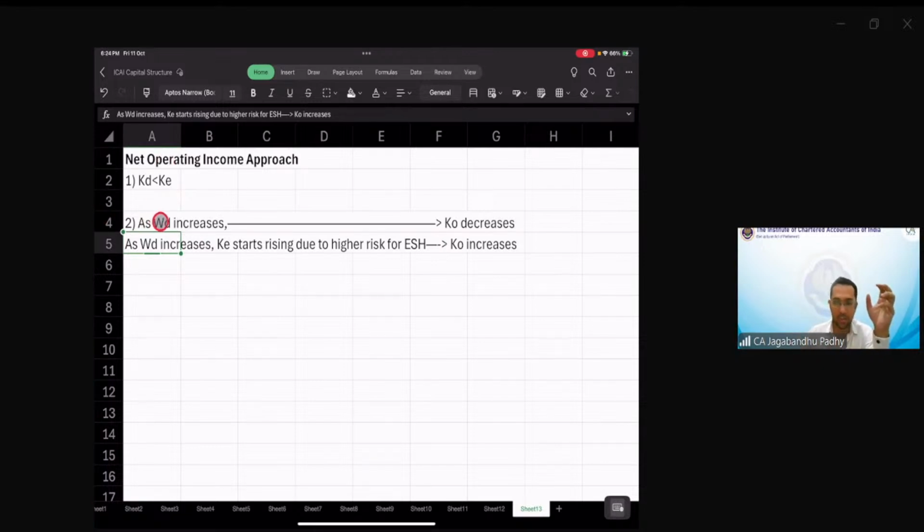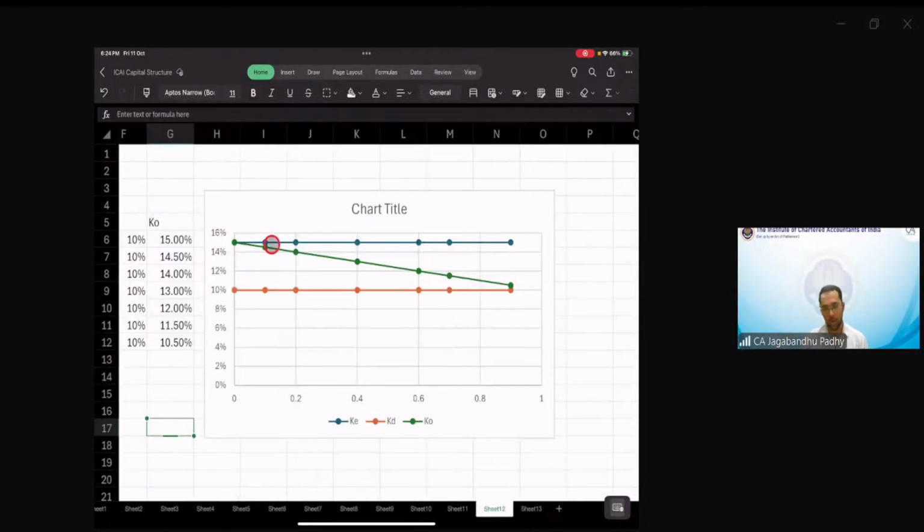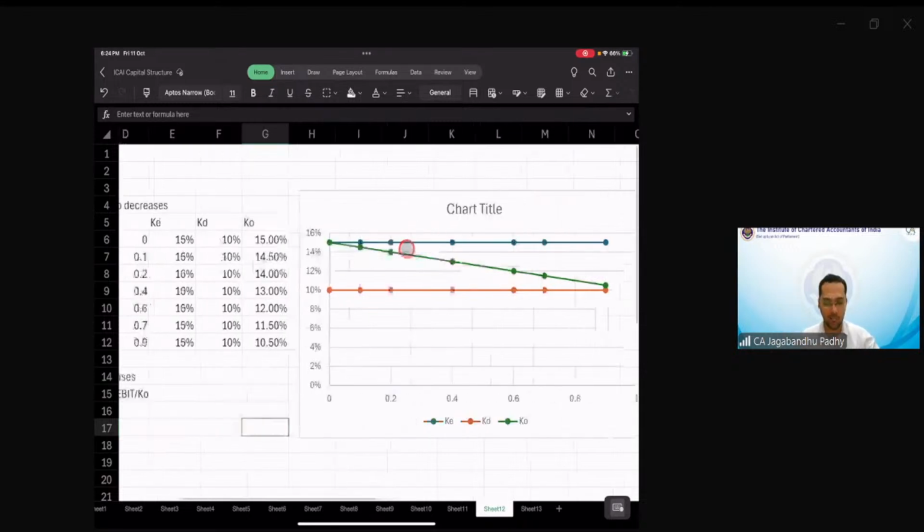Due to higher weightage of debt, it is being dragged down, and due to the greater required return of KE, it is getting dragged up. So that KO line, which we observed to be falling under an assumption that this particular line is going to remain constant, is that line going to remain constant? No. This line is going to take an upward side, right?